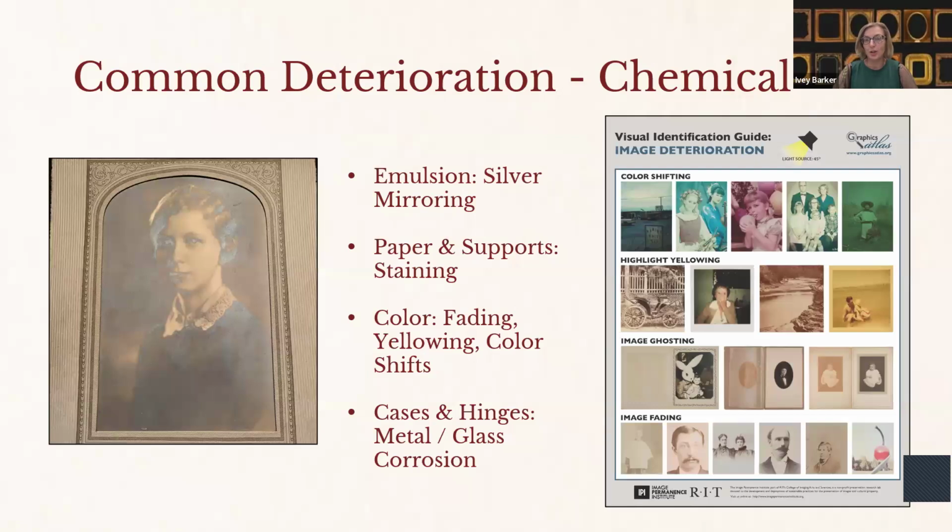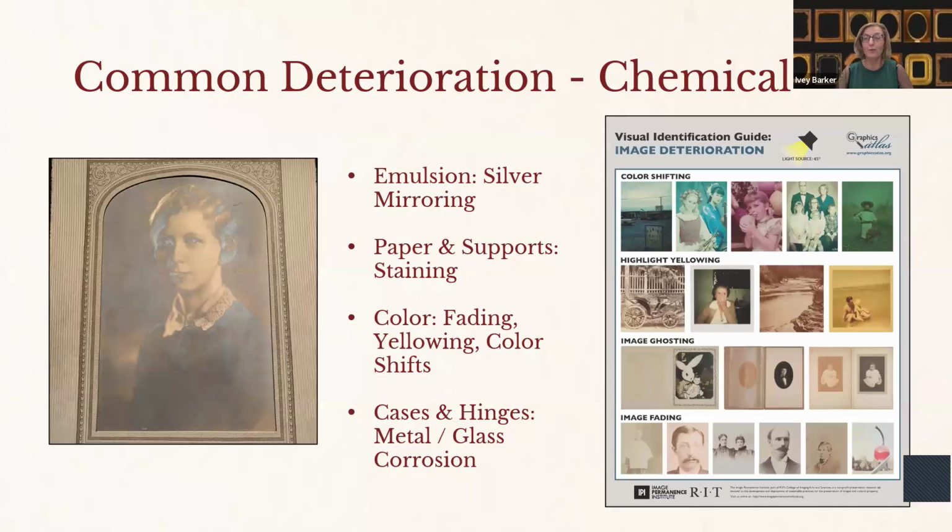This chart from the Graphics Atlas, IPI, and RIT is great in showing the differences in identifying color shifting, which is when one color, CMYK, say cyan, the blue, fades quicker than the magenta and yellow.